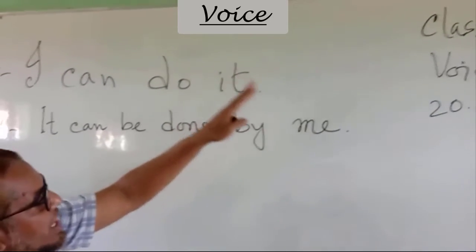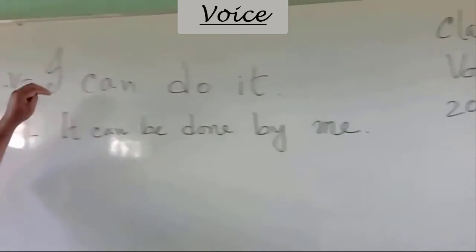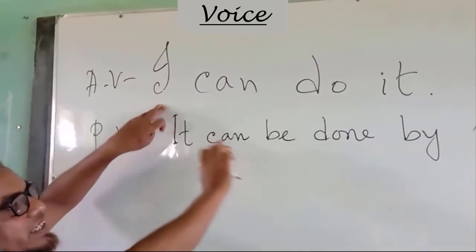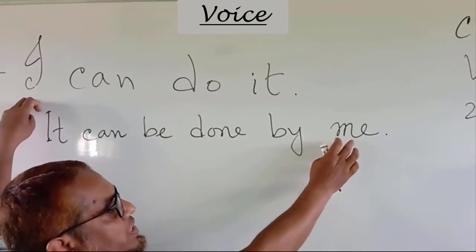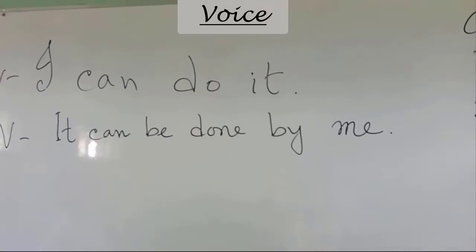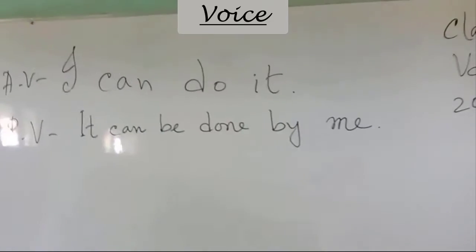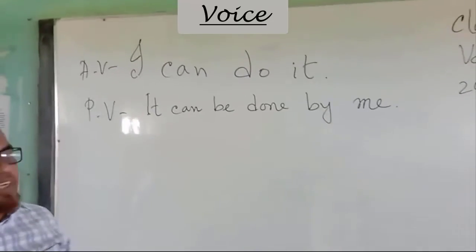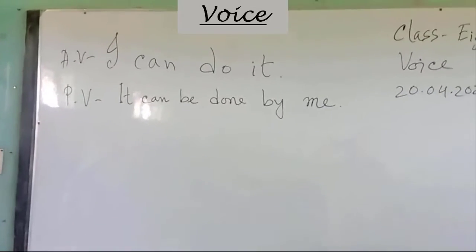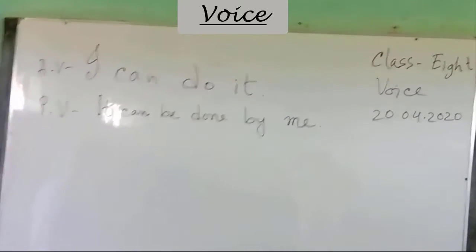And after by we should write the subject of active voice. As the subject is I, the object form is me. So, it can be done by me. Have you understood? Okay, dear friends, try to guess the rules and it will be easy for you.